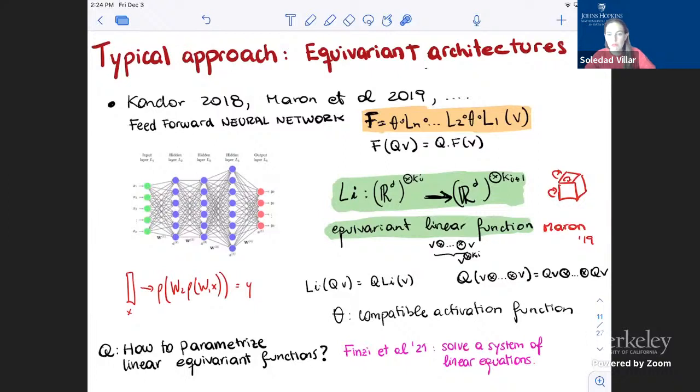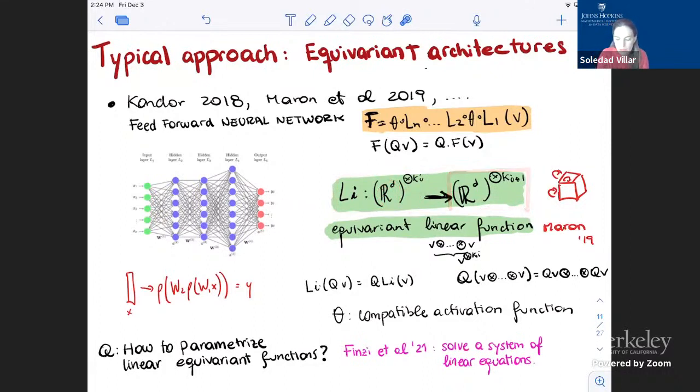When you restrict to that, typically you don't get a lot of functions that are linear and equivariant. In order to have something more expressive, you can consider linear functions that take tensors of inputs and output tensors of vectors.